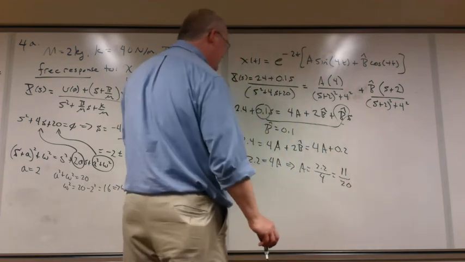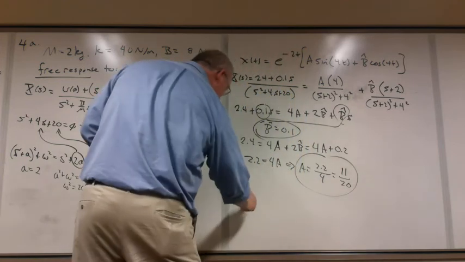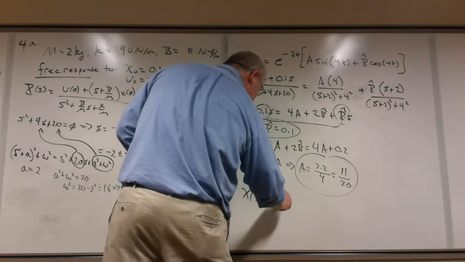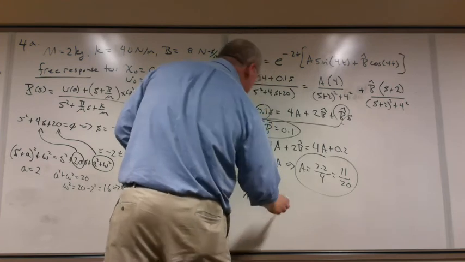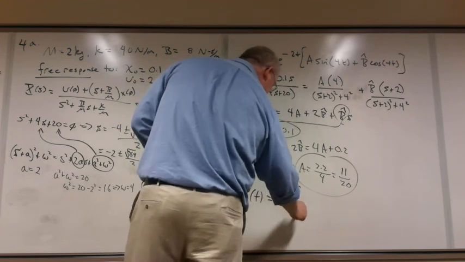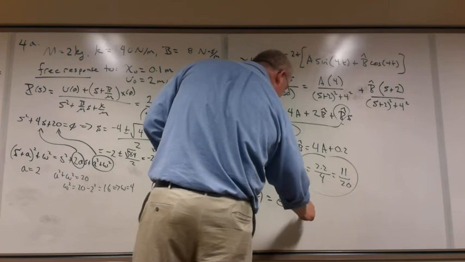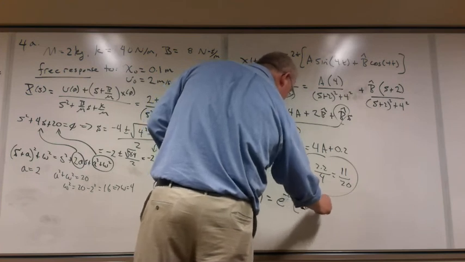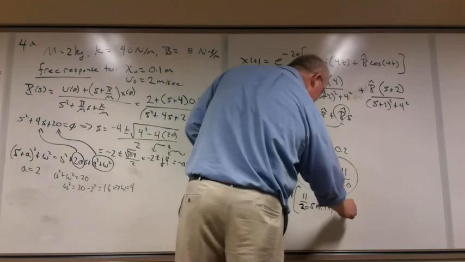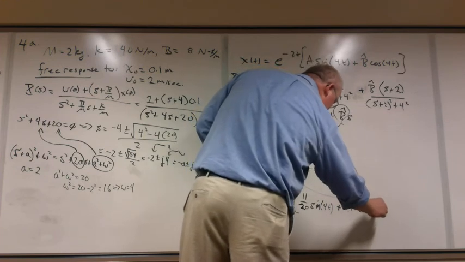A rather odd number there. So here we go, we got b hat there, we got a there, and so we have our final answer for 4a, that x of t is equal to e to the minus 2t, that's where that s plus 2 comes into play, e to the minus 2t times 11 over 20 sine of 4t, right, because 4 is omega, plus 0.1 cosine of 4t.